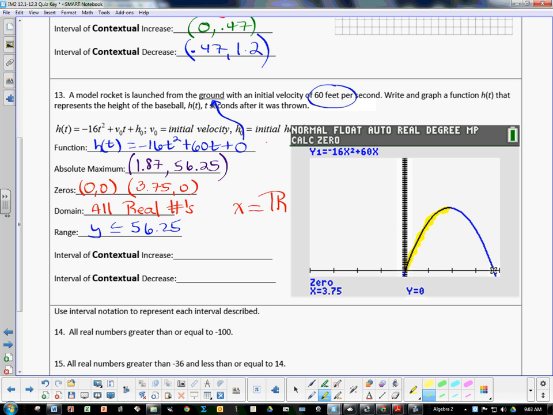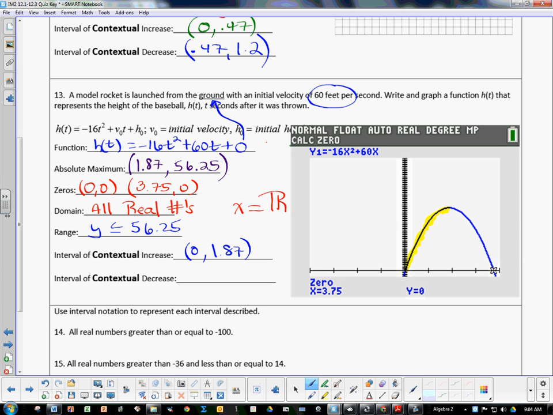Increase. Now, what would that interval be using interval notation? Well, parentheses from 0 all the way up to 1.87. Parenthesis or bracket? Parenthesis. We're not going to include that point because it's not increasing or decreasing right at the top. So parenthesis. There's my interval of increase.